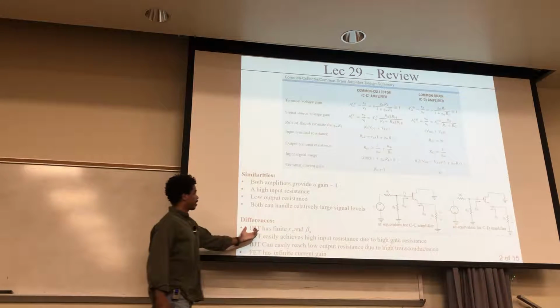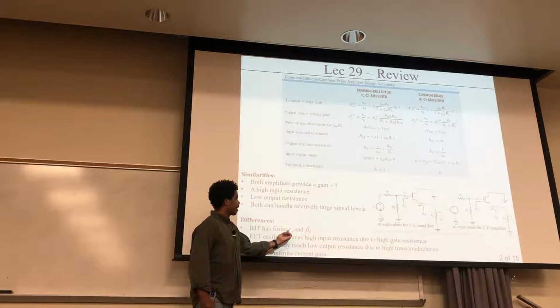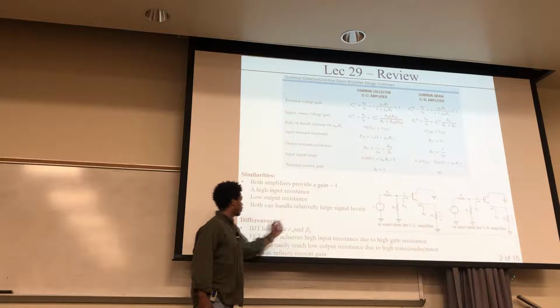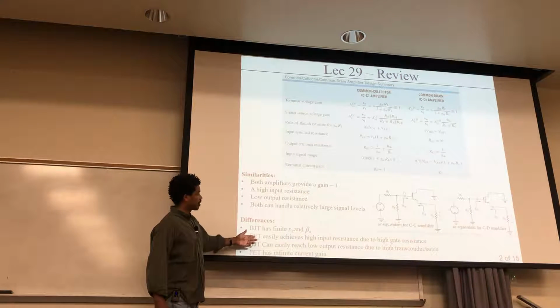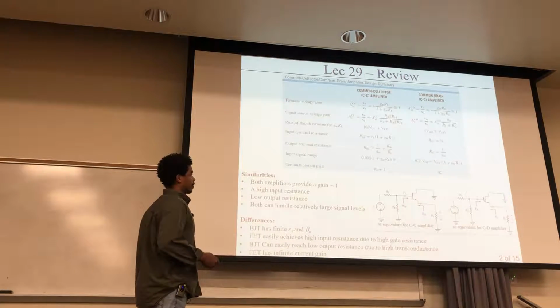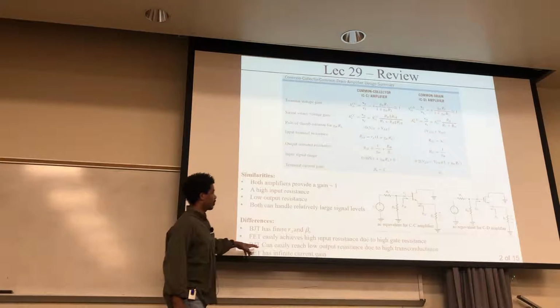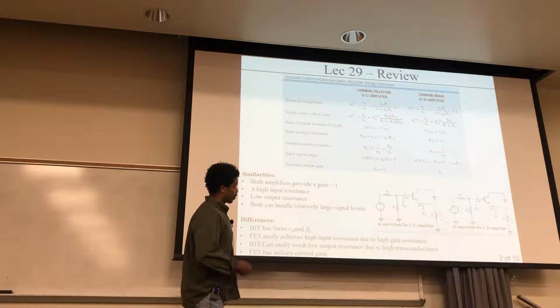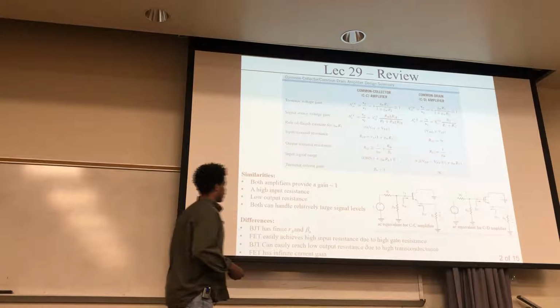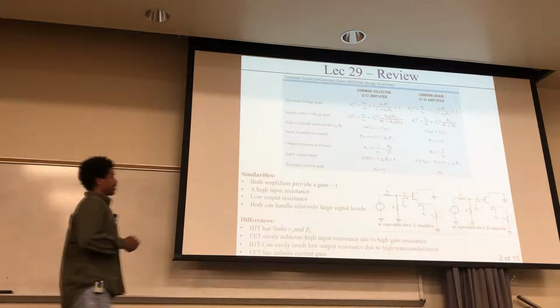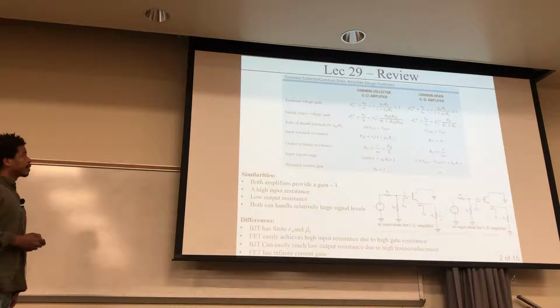The difference is the BJT has a finite input resistance and also gain beta 0. The FET usually achieves a high input resistance due to the high gate resistance right here. The BJT can usually reach low output resistances due to the high transconductance, and the FET has infinite current gain. So those are the differences and similarities.